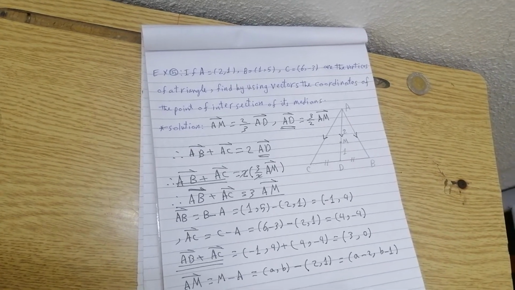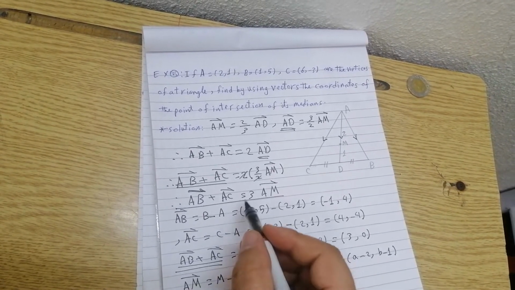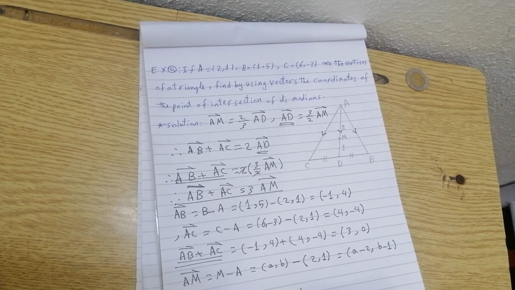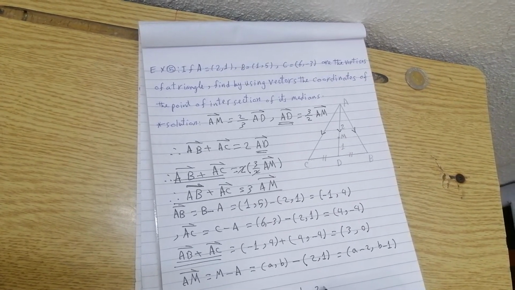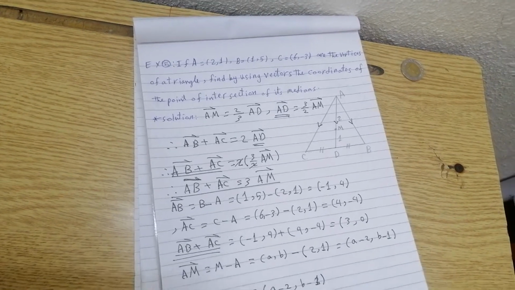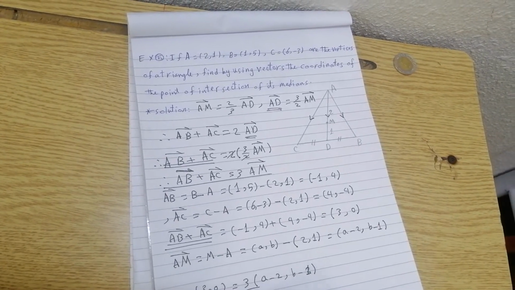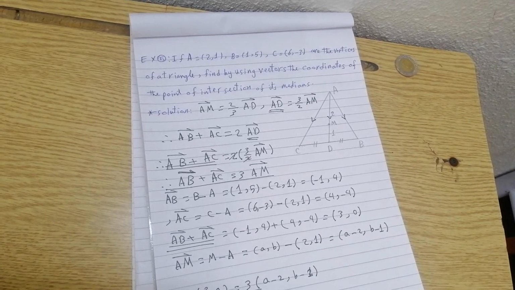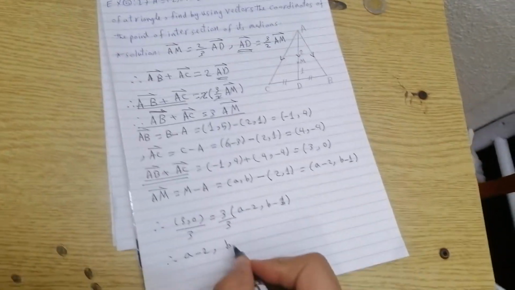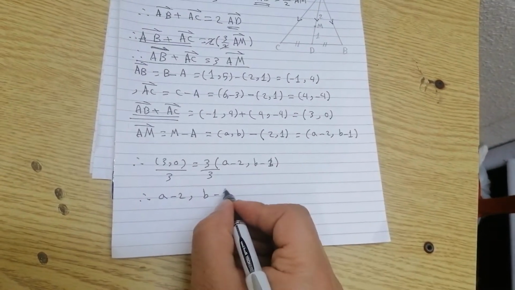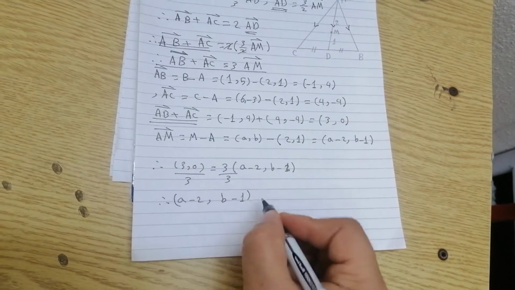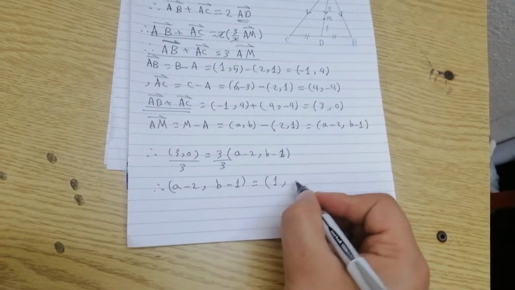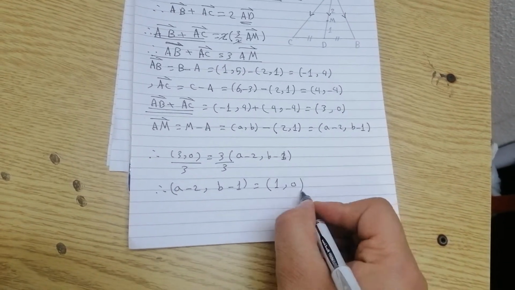That equals 3 times AM, which is (a minus 2, b minus 1), sorry. So we are dividing here by 3 and here by 3. We have here (a minus 2, b minus 1) equals 3 divided by 3 equals 1 and 0 divided by 3 equals 0.